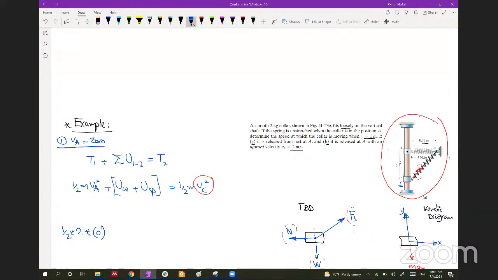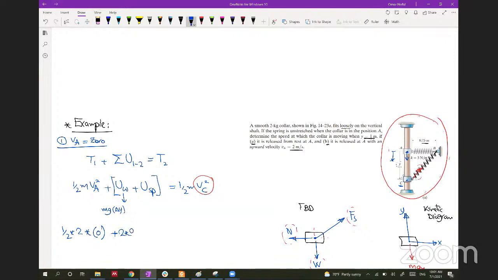Let's see the work done by the weight. So what is the work done by the weight? We have the weight starting from here and going down, and our position is down. So the weight and the position are in the same direction. So the weight is mg, and W weight is mg multiplied by delta y, and it's positive.